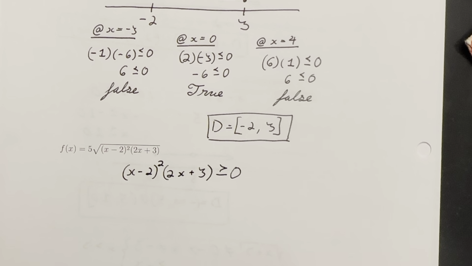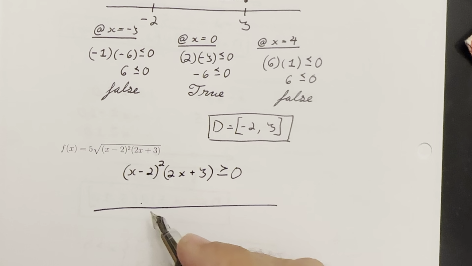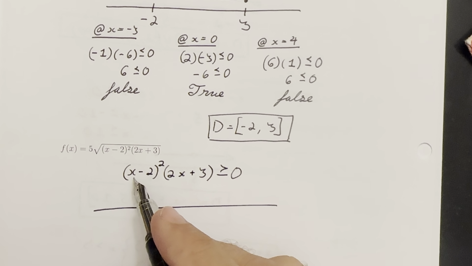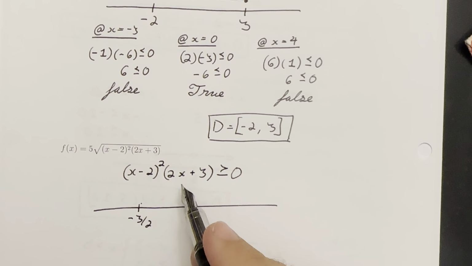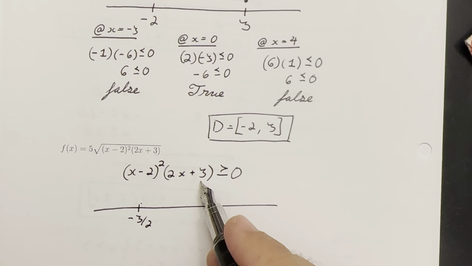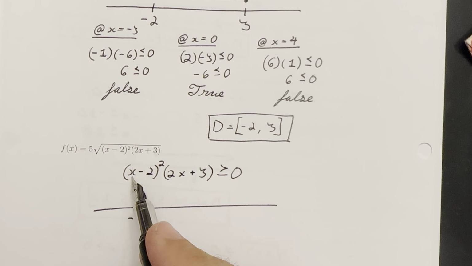And so we've got a few things going on here. So x equals 2 solves things, and x equals -3/2 solves things. Right, because if I plug in -3/2, I get 0. If I plug in +2, I get 0.